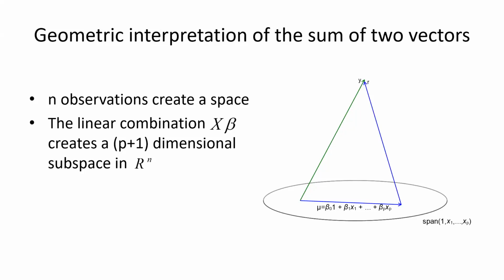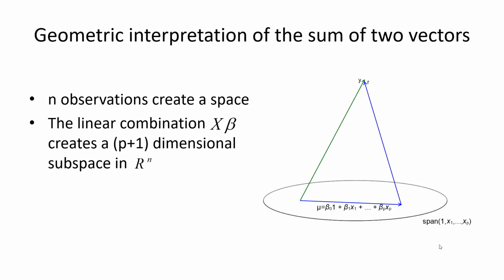So we have a p plus 1 dimensional subspace, and that can be expressed visually with this oval. If we have only one x variable and the intercept, then this subspace is just a line. If we have two x variables, then we have a plane. If we have more than two x variables, we have a hyperplane.